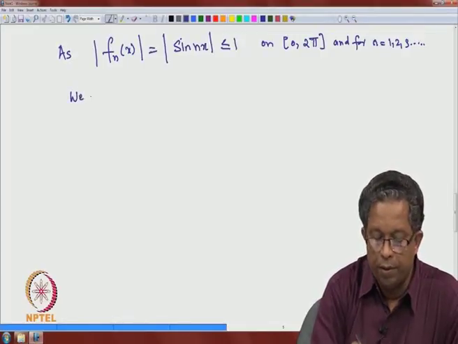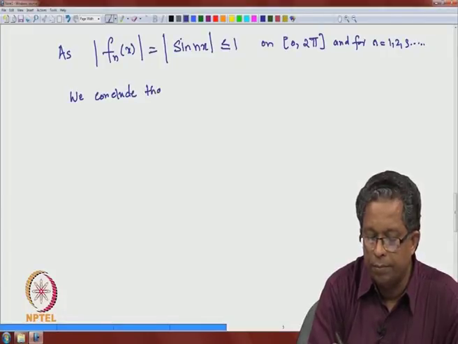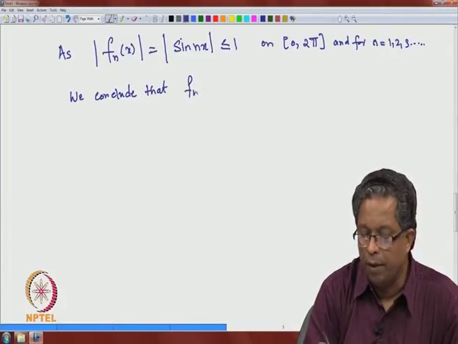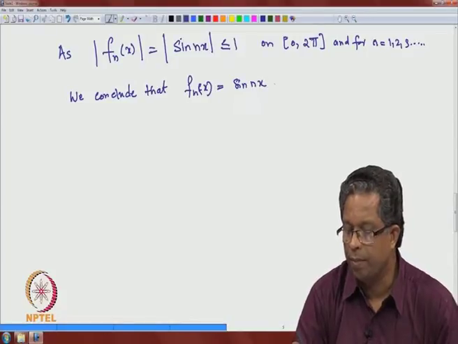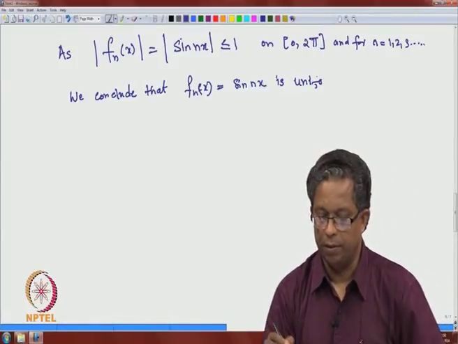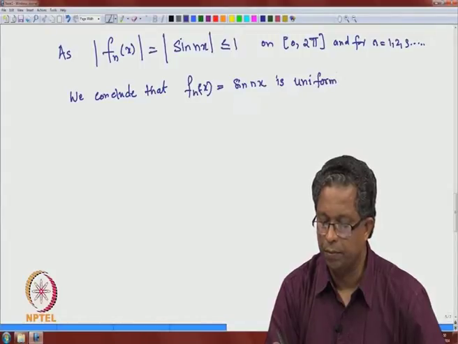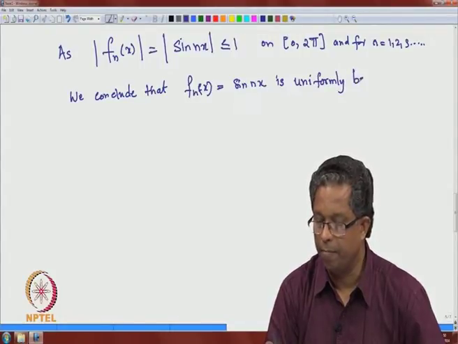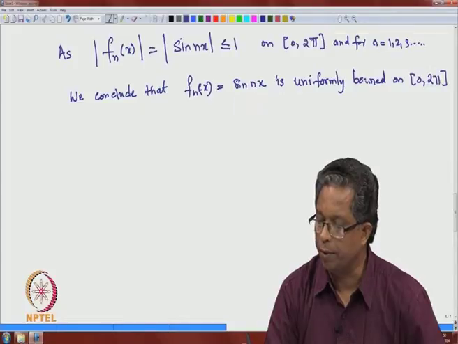So, we conclude that Fn of x equal to sin nx is uniformly bounded on the given interval 0 to 2 pi.